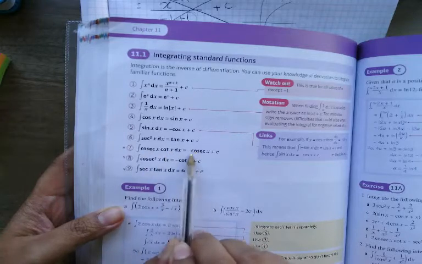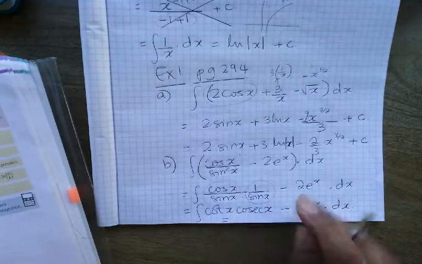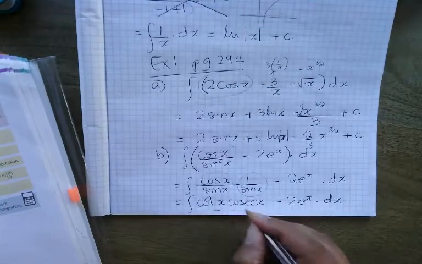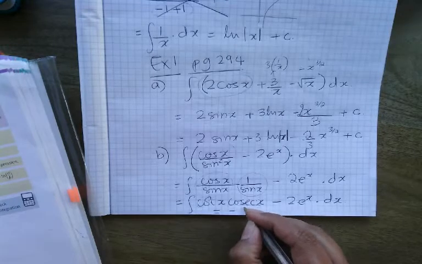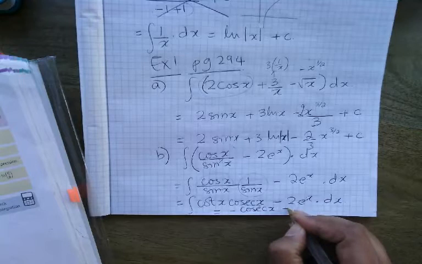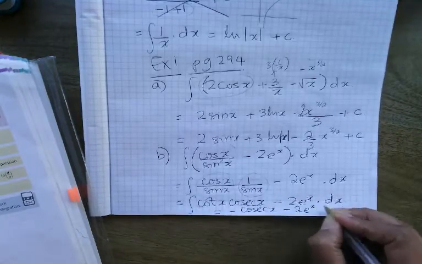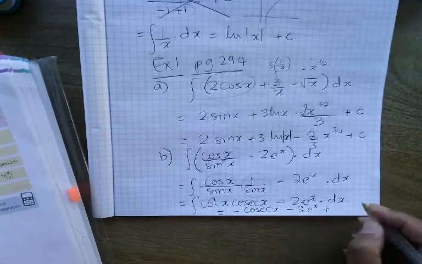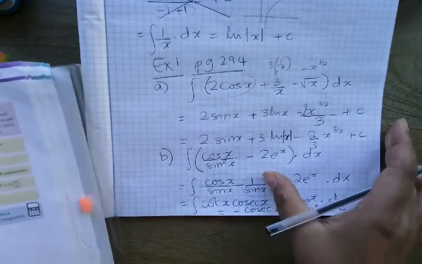That just integrates to minus cosec x. So that goes to minus cosec x, and 2e to the power x is just going to go to 2e to the power x plus c. Okay, so that is going to be your final answer there.